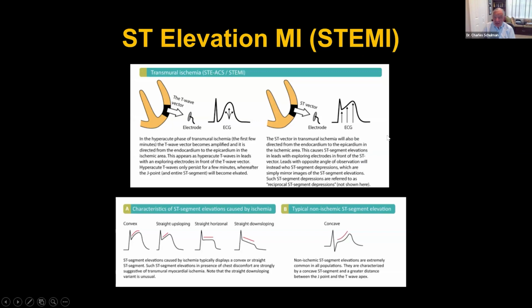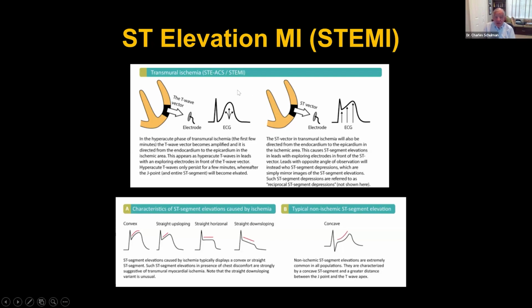Okay, so starting off with ST elevations, we're interested in the diagnosis of ST elevation myocardial infarction, called STEMI. Generally, this represents an occlusive myocardial infarction, due to occlusive coronary artery disease or occlusion in one particular vessel.